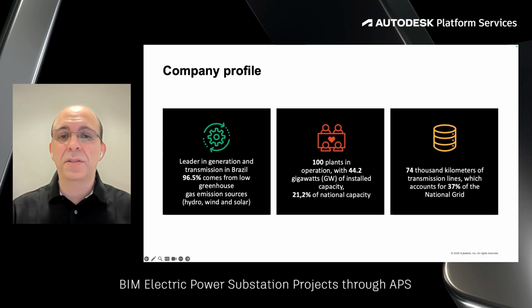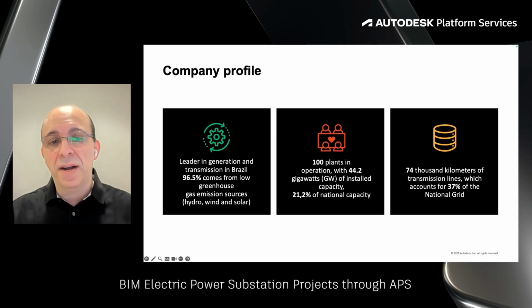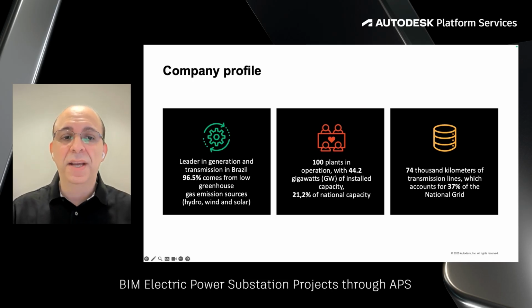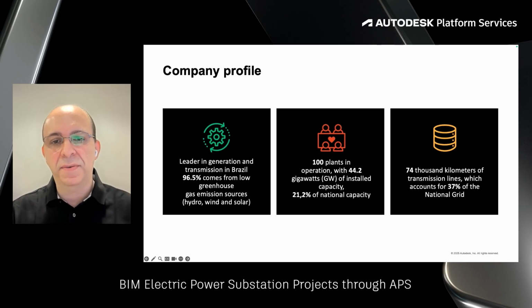We have lots of rivers and we can generate a lot of power from these natural resources, right? So Eletrobras has more than 100 plants and they generate 44.2 gigawatts of energy, which represents about 21% of the national capacity of Brazil, right?